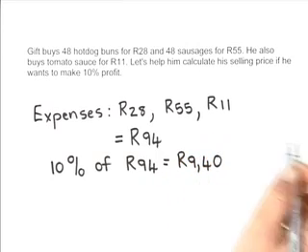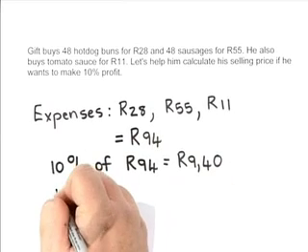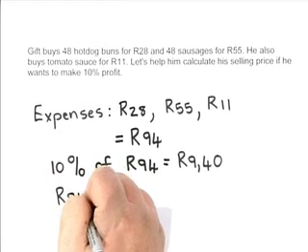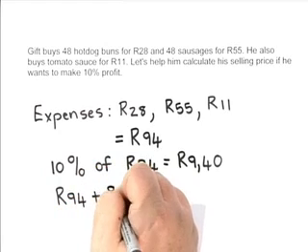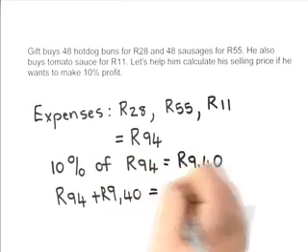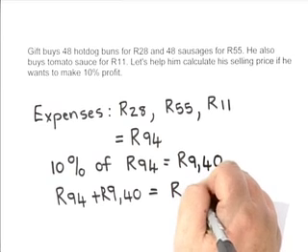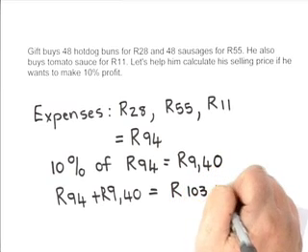So how much money does Gift want to make altogether? We have the 94 Rand he paid, his expenses, plus his profit, which is 9 Rand 40. And we find our final answer is, can you work it out? Yes, he wants 103 Rand 40 cents.